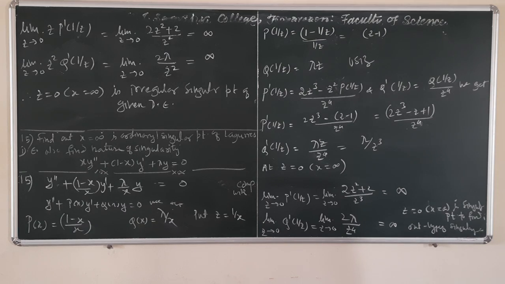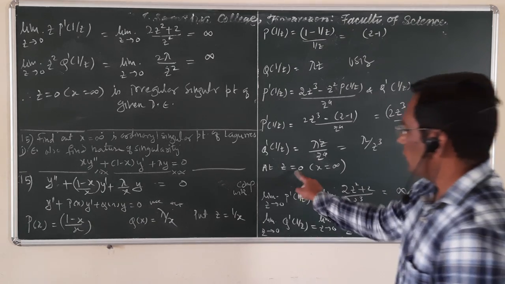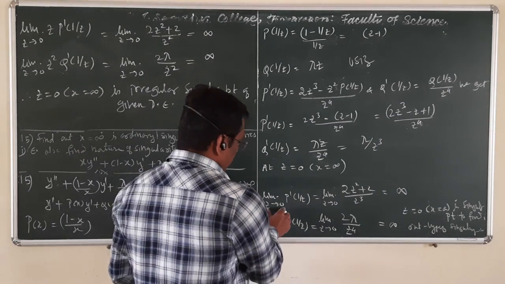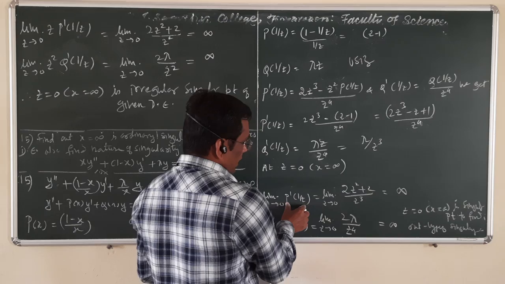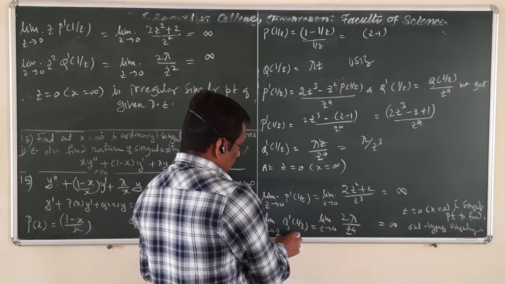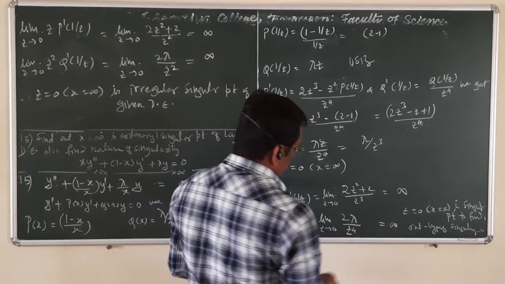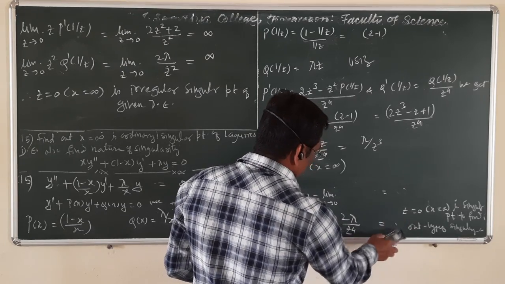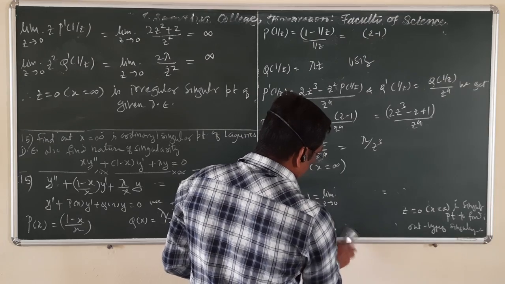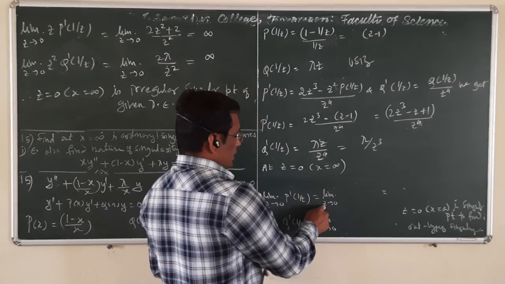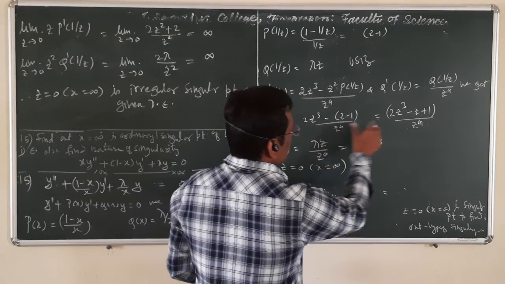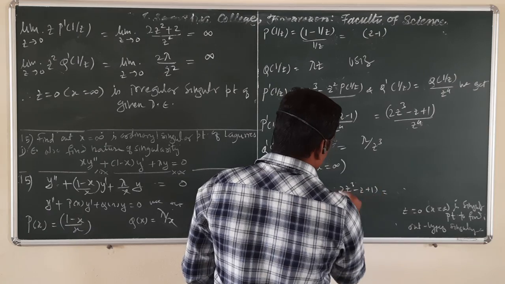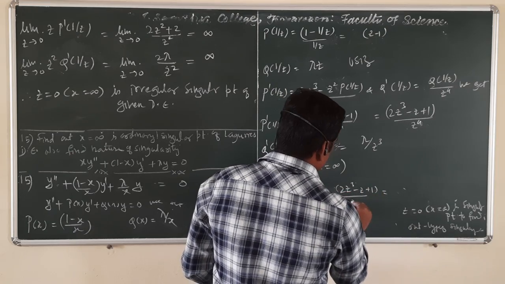Now at Z is equal to 0, which is x is equal to infinity, we have to take the limit as Z tends to 0 of P dash of 1 upon Z and the limit as Z tends to 0 of Q dash. First of all, the limit as Z tends to 0 of P dash, which is (2Z cube minus Z plus 1) divided by Z raised to 4.